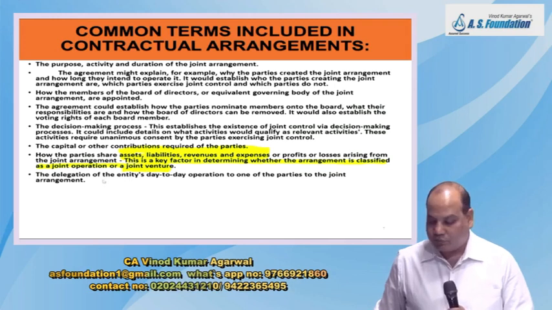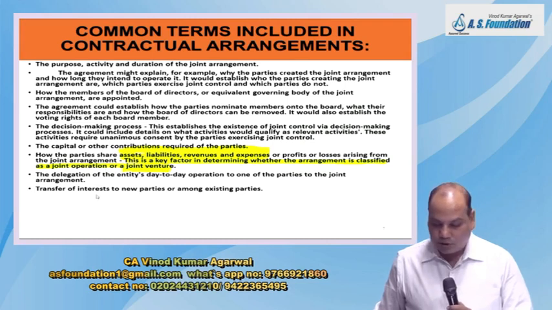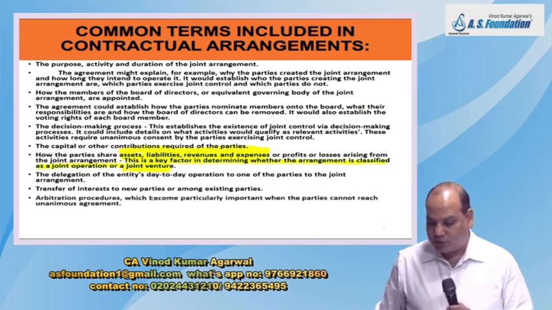joint venture. And then the agreement may include delegation of entities day-to-day operation to one of the parties to the joint arrangement, and transfer of interest to new parties or among existing parties.